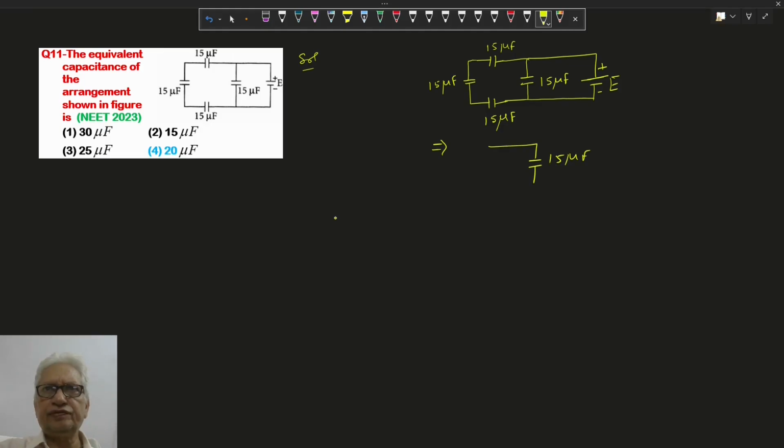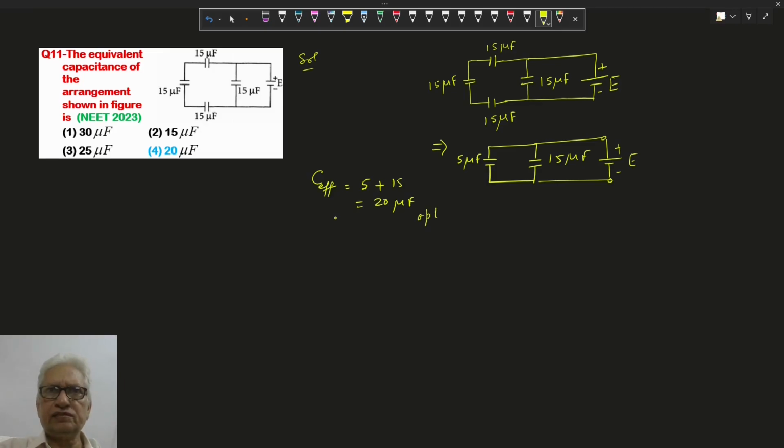So 15, 15, 15 will become 5 using the reciprocal formula, 1/3 remains, and these two are in parallel. So the effective capacitance will become, due to the parallel, C1 plus C2. It will become 20 microfarad.